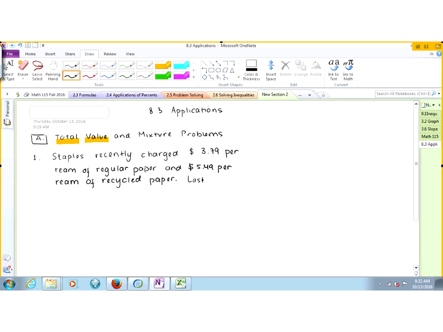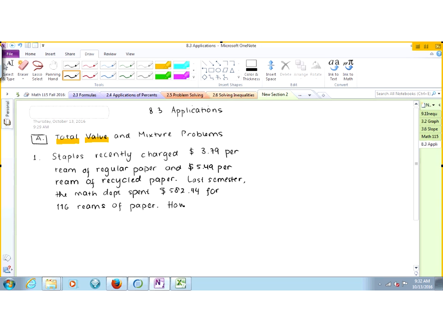So last semester, the math department at Eli spent $582.44 for 116 reams of paper.